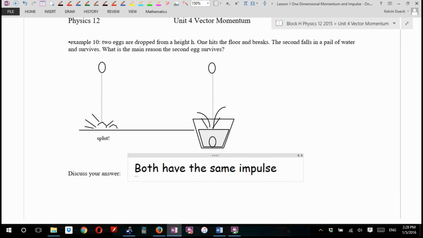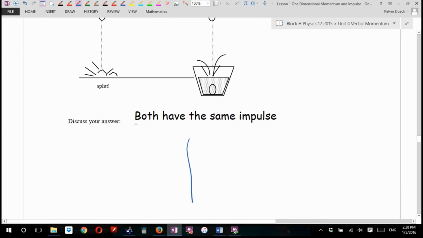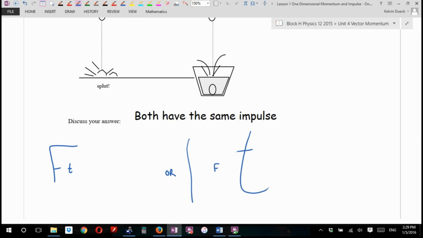Why does the egg in the water survive? Which variable have we changed? Time. We have 2 choices. We can have big force, little t, or we can have small force, big T. Is that clear, writing it that way? By the way, this is all seatbelts do.